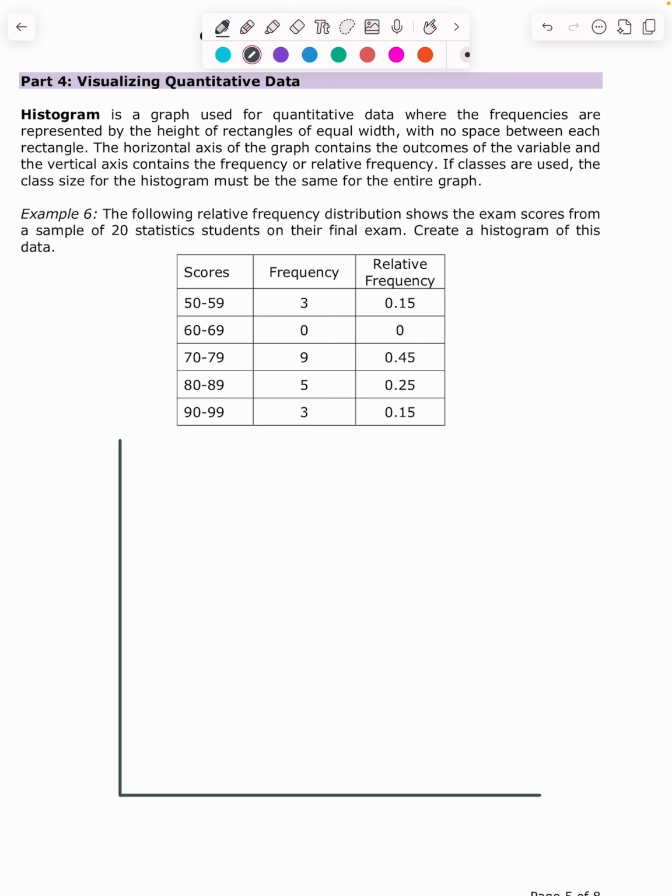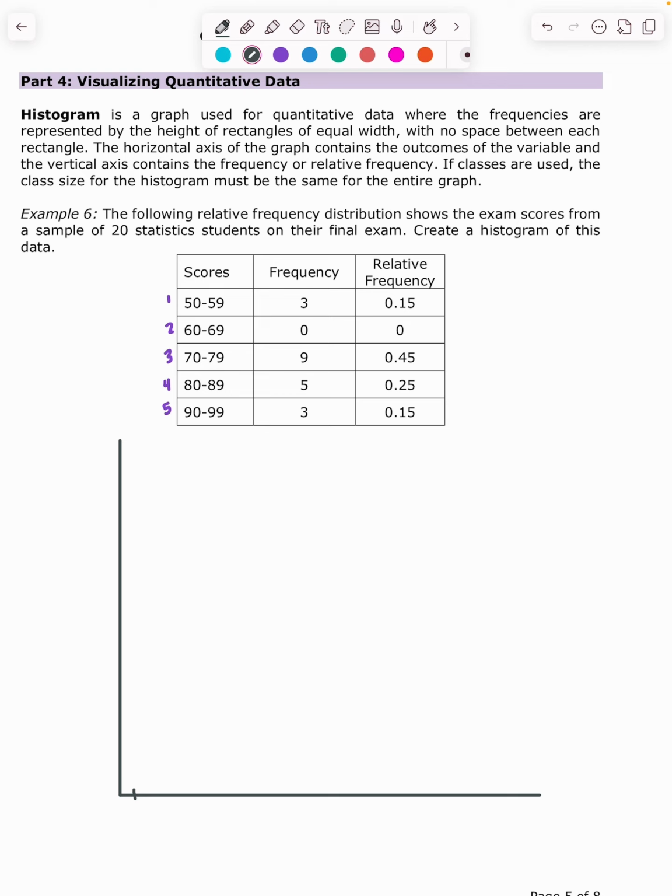And then I'm going to do little tick marks for each of my rows plus one additional row in my table. So I have 1, 2, 3, 4, 5 rows in my table. So I'm going to do 6 tick marks along my horizontal axis.